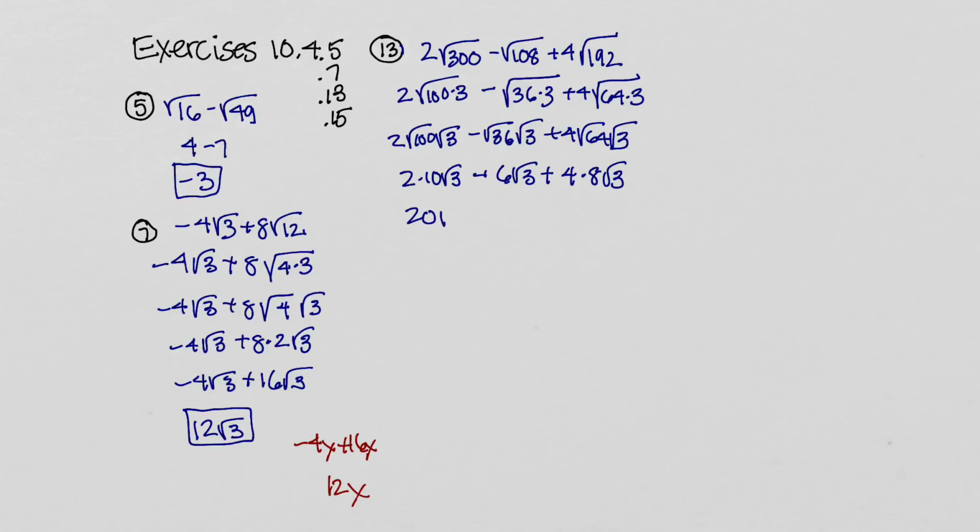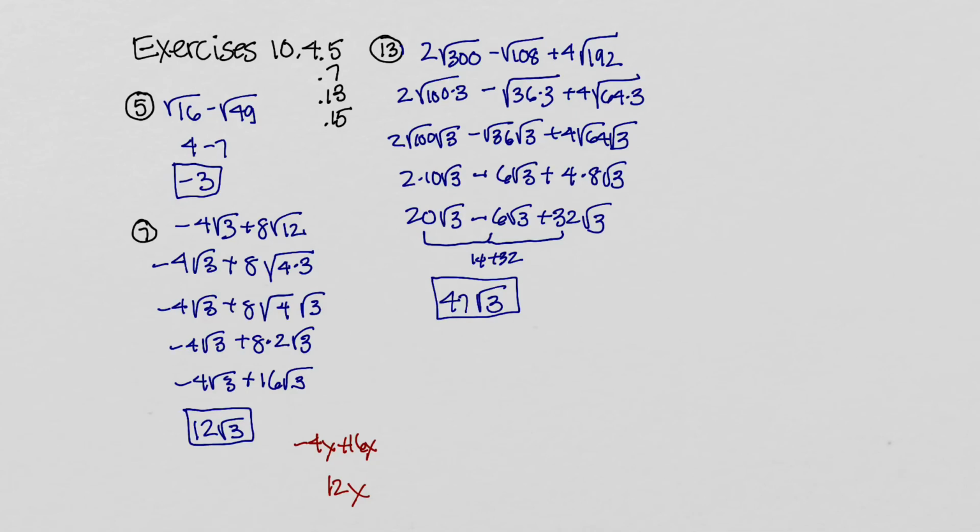This gives us 20 square roots of 3 minus 6 square roots of 3 plus 32 square roots of 3. So here's what we have. We've got 20 of those. Minus 6 is 14. Right, 20 minus 6 is 14, and I got that plus 32. That's 46 of those square roots of 3.